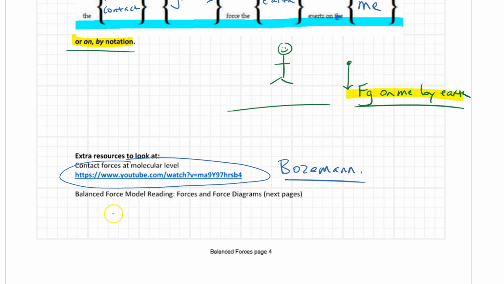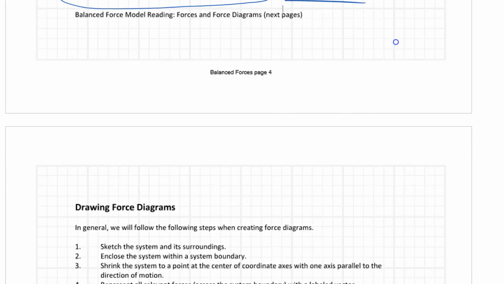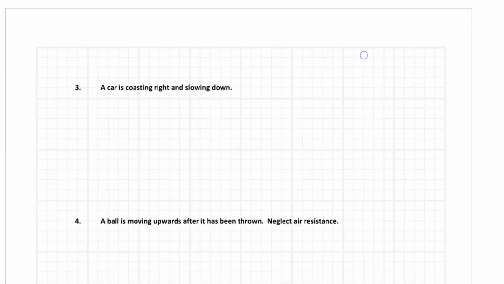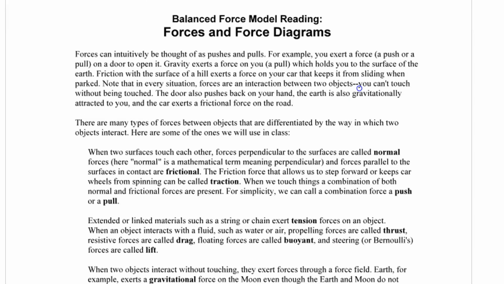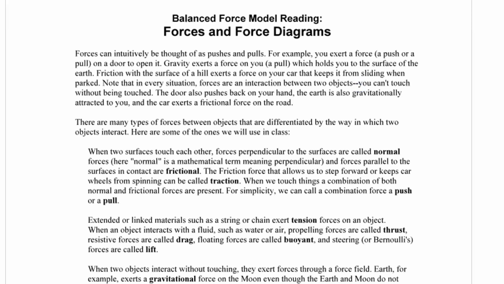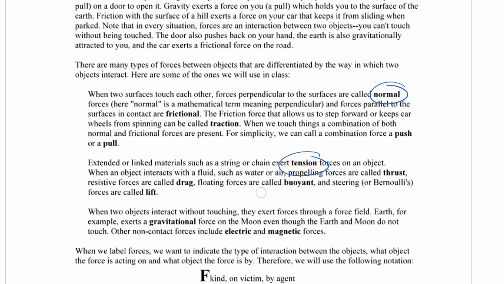I'd also like to mention that there's a very good resource, there's a reading coming, just a couple more pages, that talks about the same things that we've been talking about. There's a few more forces that they mention. So they mentioned the normal force, and it's a push or a pull. They mentioned the tension force. They mentioned the gravitational force. But you'll notice that they have a few other ones too. They have the electric or magnetic forces that we won't really be dealing with until we're next year in grade 12.